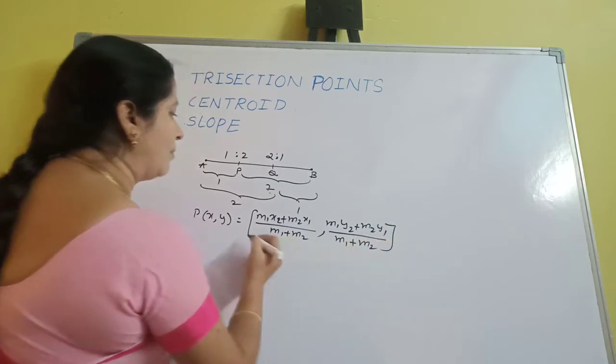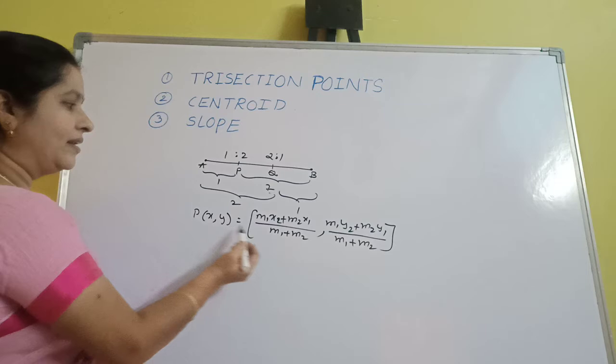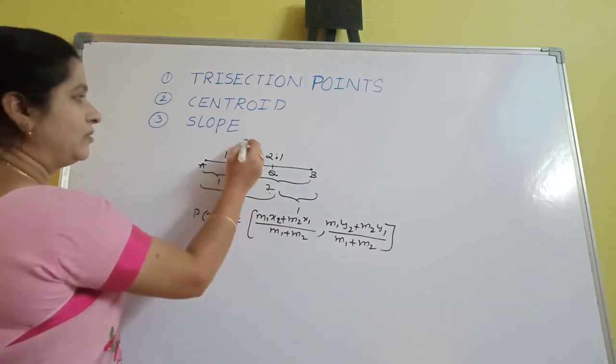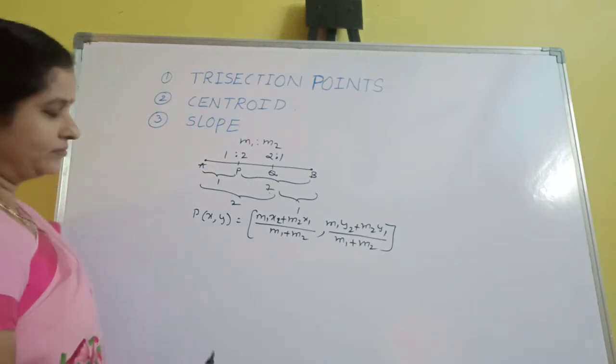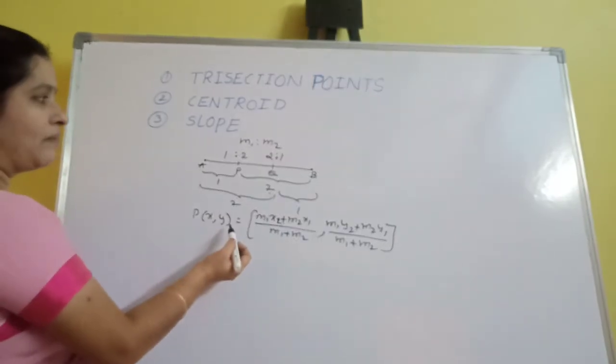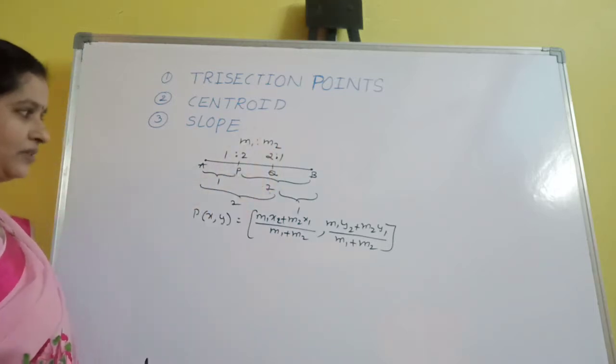So this is the formula for the point dividing the line joining the points in m1:m2 ratio. This is called the section formula.